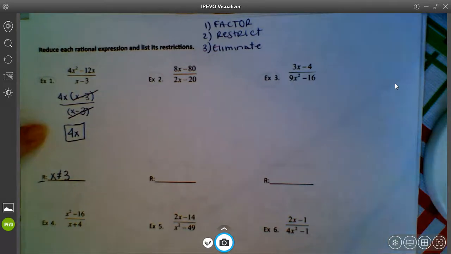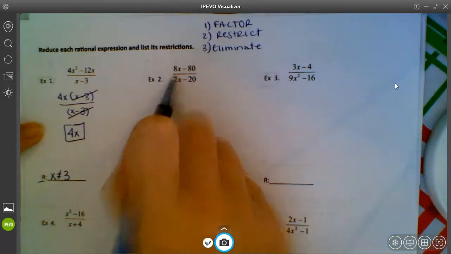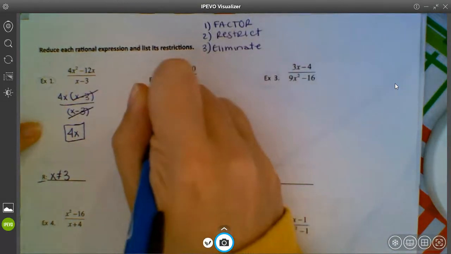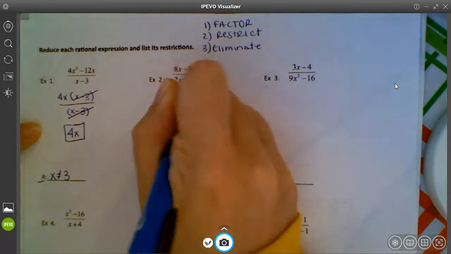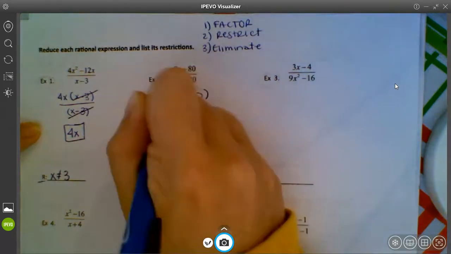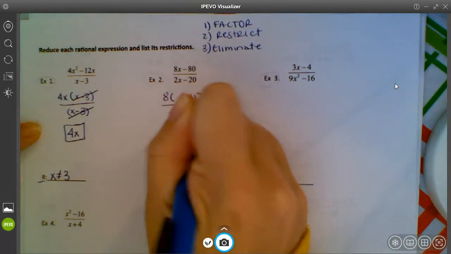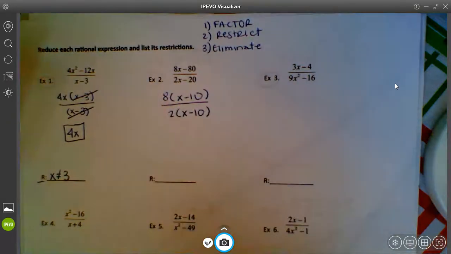Let's do it again. Example 2. First, we want to factor everything we can factor. So the top, I can factor out an 8, so I get an x minus 10. The bottom, I can factor out a 2, so I get an x minus 10. We are going to restrict the domain.